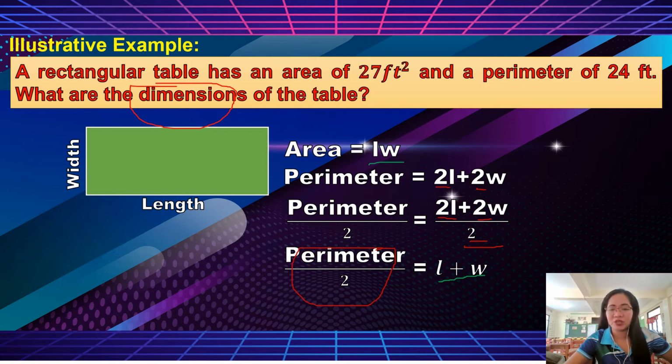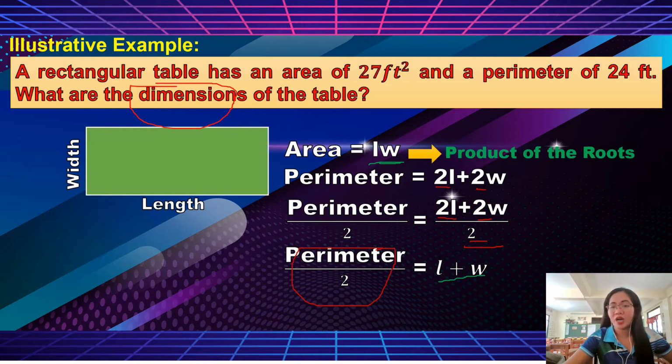Obviously, addition. So since we use multiplication in area, the area will serve as our product of the roots, because we used multiplication. Then perimeter over 2 will serve as the sum of the roots.